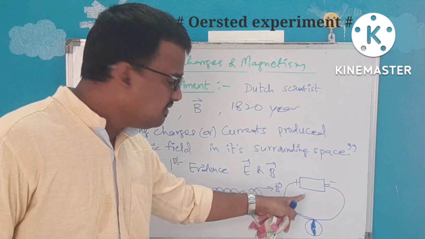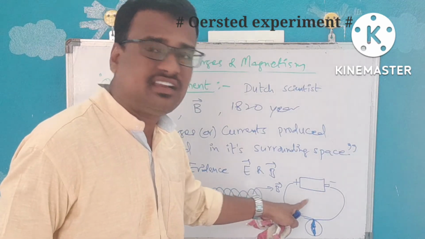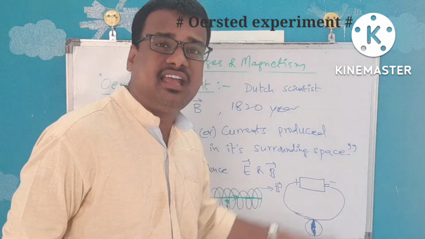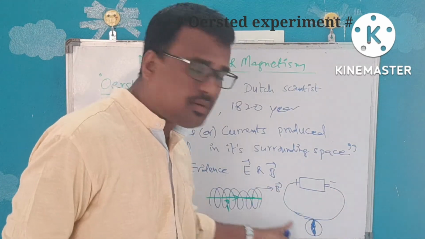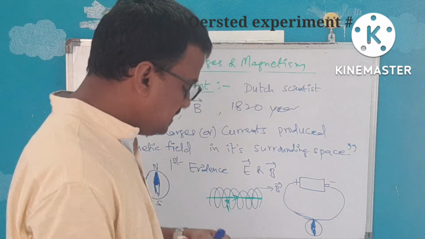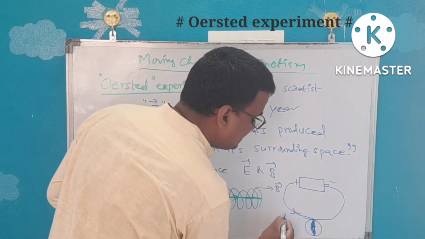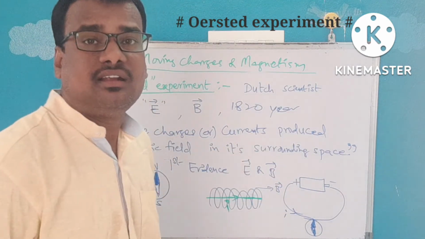For example, if we take a battery and connect a current carrying conducting wire from the positive terminal to the negative terminal, then the current flows from positive to negative.